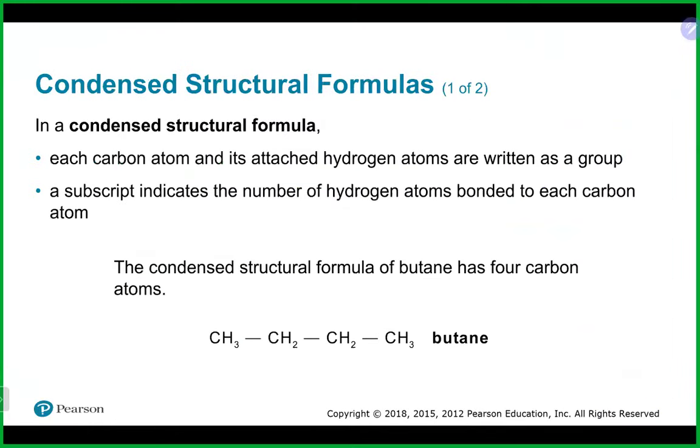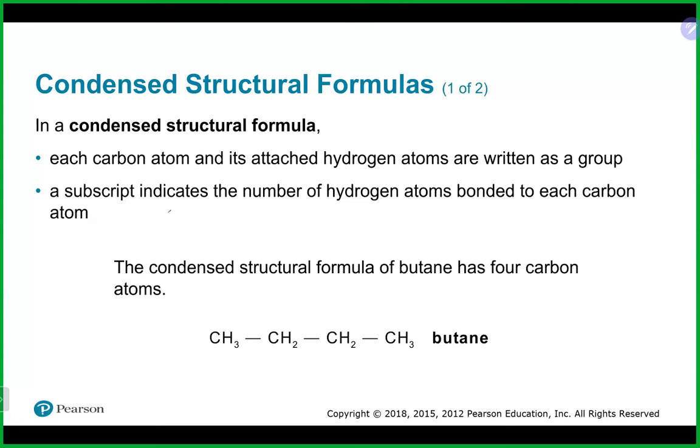All right. As I mentioned before, in the condensed structural formula, we just don't draw out the hydrogens. We do use the subscript next to the hydrogen to indicate how many. Another thing that you sometimes will see with condensed formulas is if you have a really long organic compound where the middle part just repeats units like CH2, CH2, CH2.